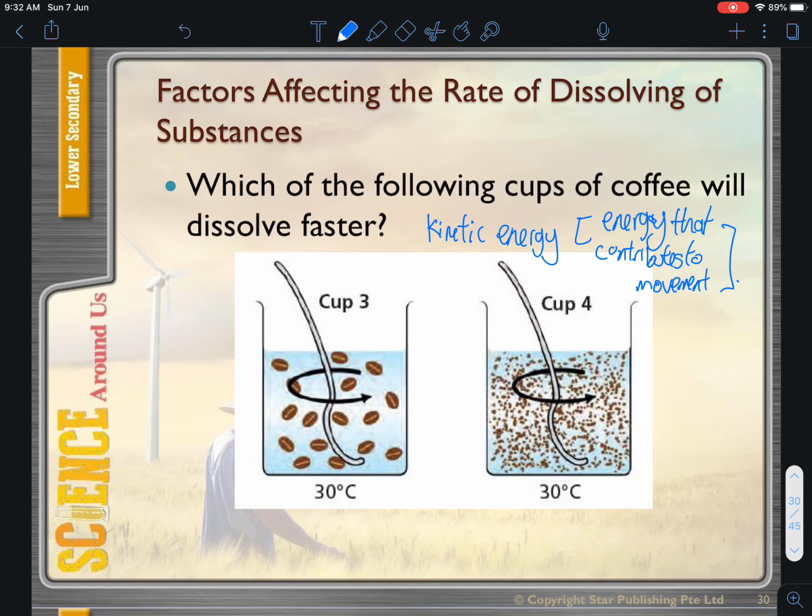So how does temperature help to change the kinetic energy?